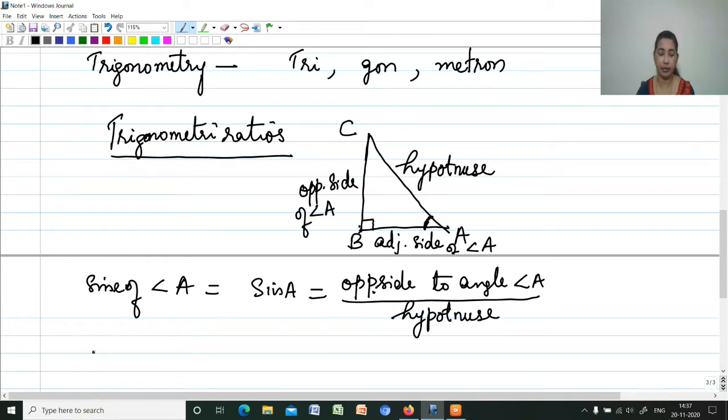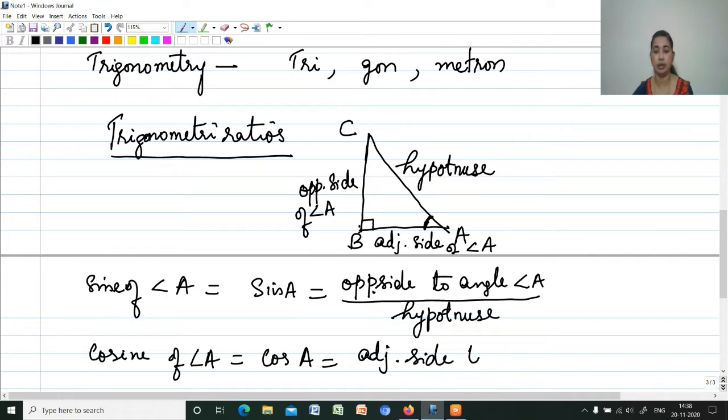Now the second trigonometric ratio is cosine. Cosine of angle A, in short we write cos A, and cos A is the adjacent side to angle A divided by hypotenuse.